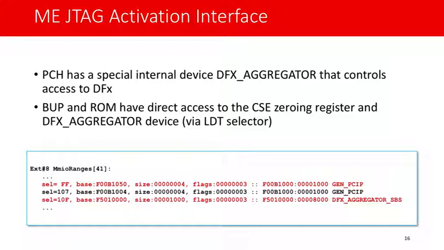Intel Management Engine uses two devices to support hardware debugging: the DFX Aggregator, which manages DFX functionality, and the CCS zeroing register from a device called GAN. Only BUP and ROM use this device.